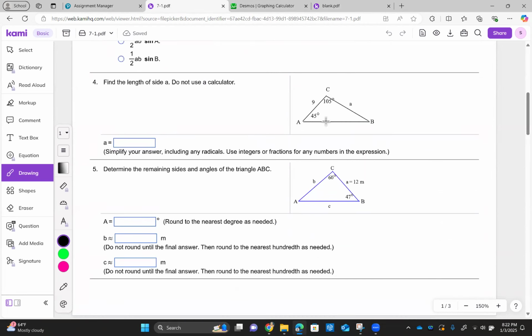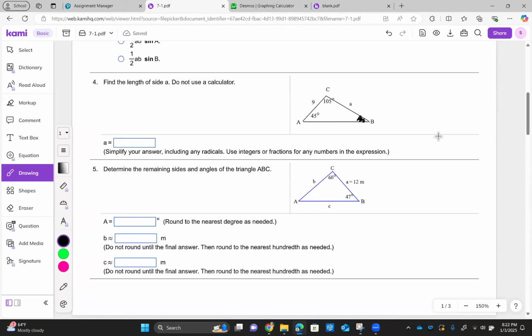How would I perform the Law of Sines here so I can find the missing side A? When we have a triangle given in this format, we know that this 9 belongs to this angle. Here, 105 is not a useful angle for me because its corresponding side is missing.